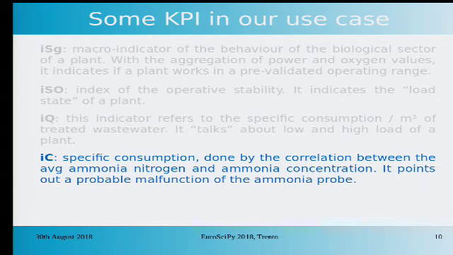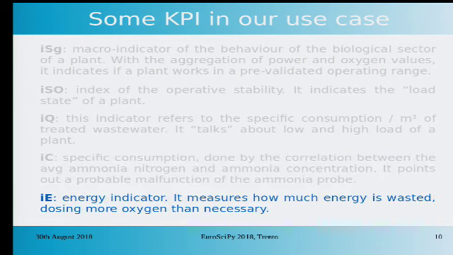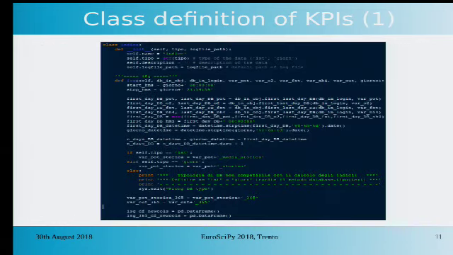And also in our R&D group, we are working to use machine learning algorithms to get this information before it occurs. And the IE is an energy indicator, it measures how much energy is wasted.